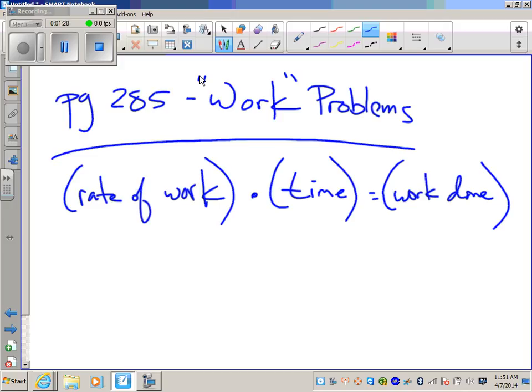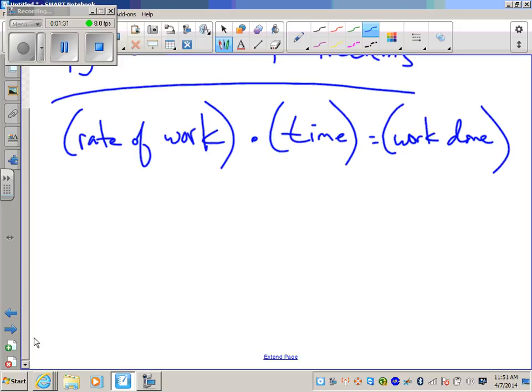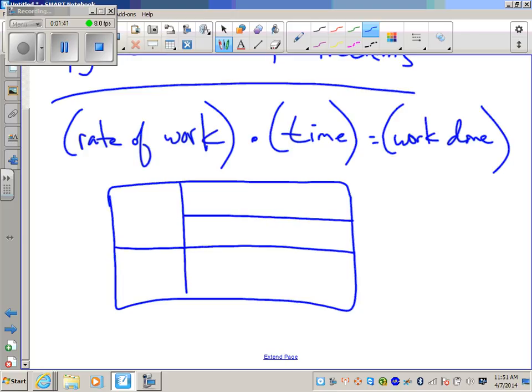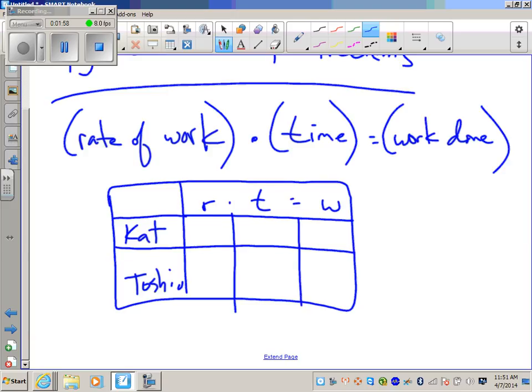All right, so what we're going to do is we'll set up a box to kind of get everything straightened out, organized, if you will. And here's what we'll do. We will say Katina, Toshio, and R times T equals W. That's the formula that we just talked about.